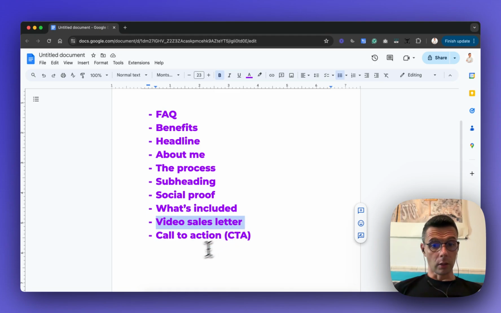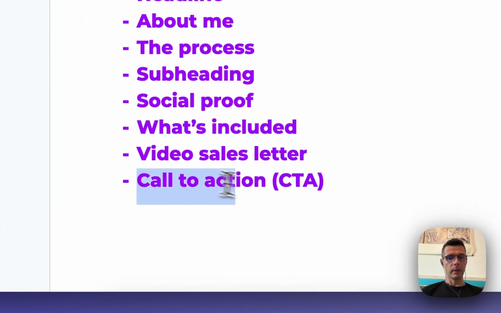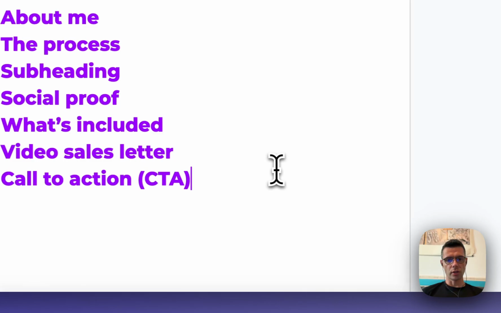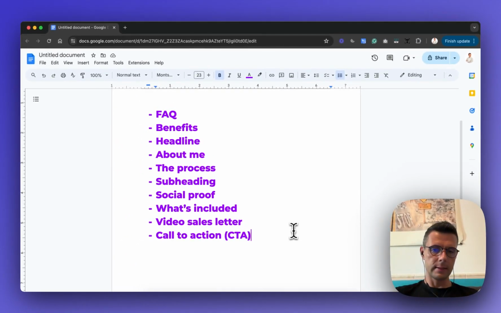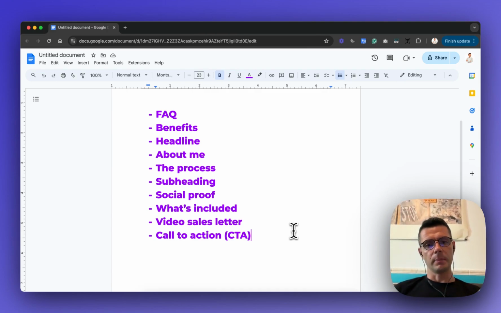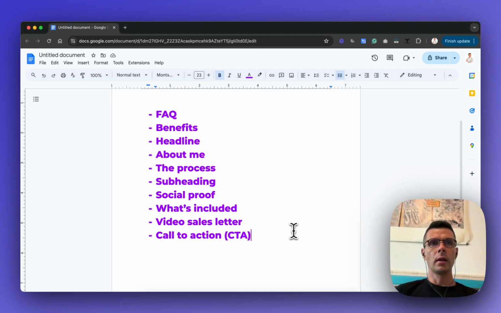Okay, the call to action. Obviously, a landing page is not a landing page without a call to action. A call to action is a moving part of the landing page itself. Again, spend time on the call to action to make sure that you lead people to the right action you want them to take.